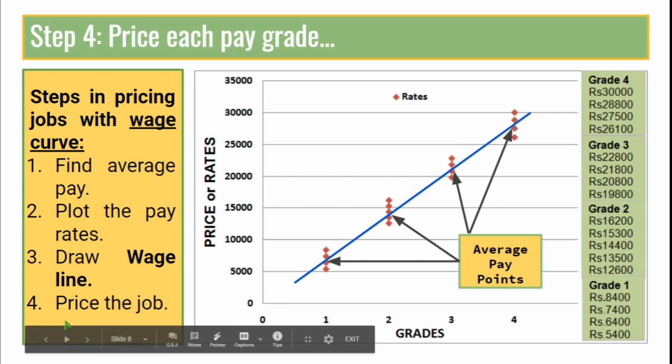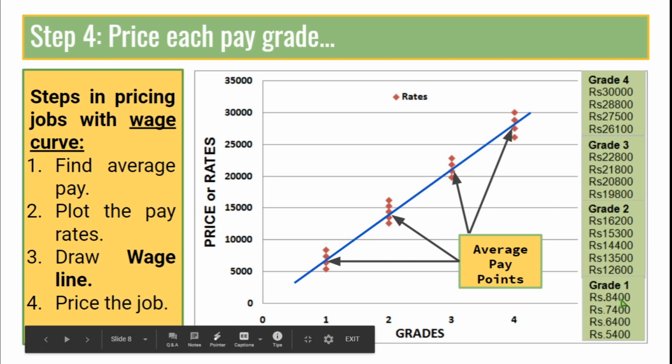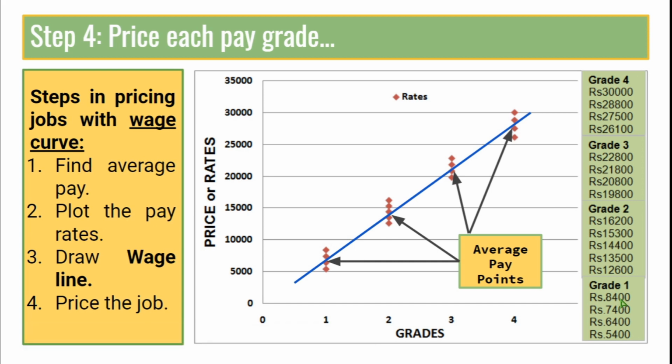To understand this in a better way, we have created the pricing of different groups of jobs of the Border Security Force. In this, you can see that the averages of different grades are taken, then the wage line is drawn, and finally different prices are given for each grade.